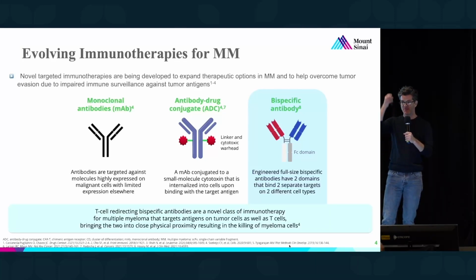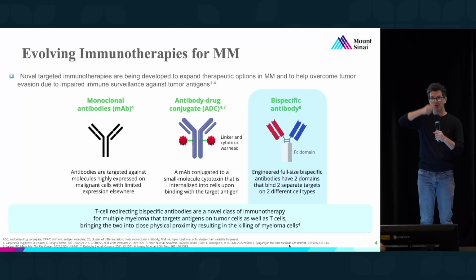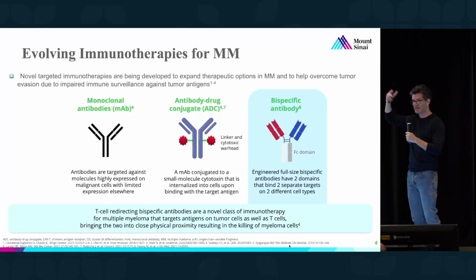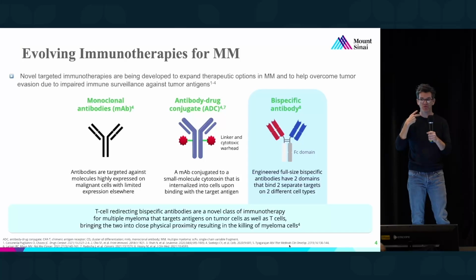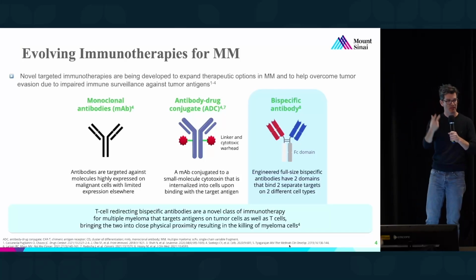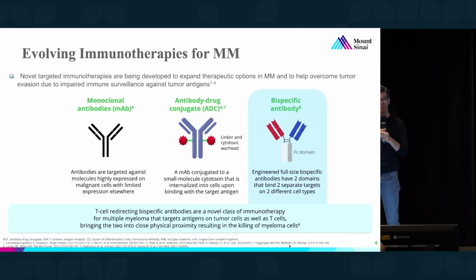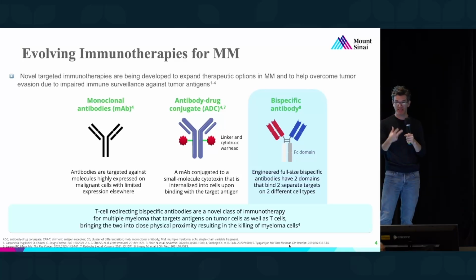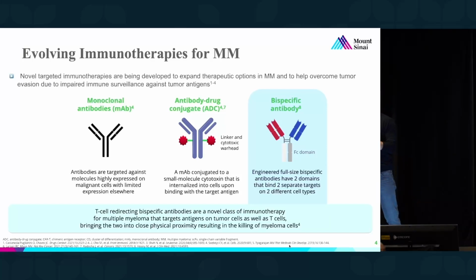Even if you have the monoclonal antibody on the surface of the myeloma cell, sending a little beacon signal to try to bring the immune system, the myeloma cells are going to try to camouflage that messaging. So even though daratumumab, elotuzumab and isatuximab are very effective therapies that we combine with a lot of other drugs because it makes everything better without increasing side effects that much, it's still suboptimal, and we still are not having a cure.